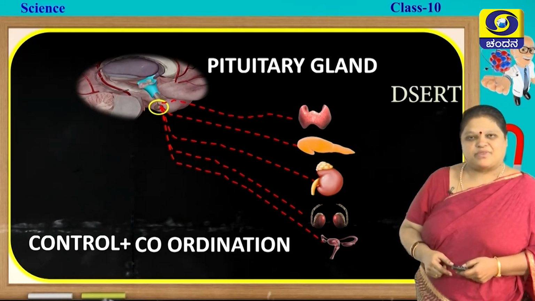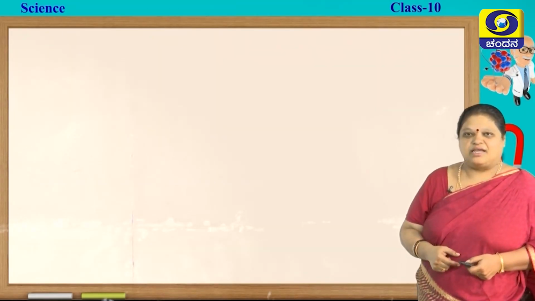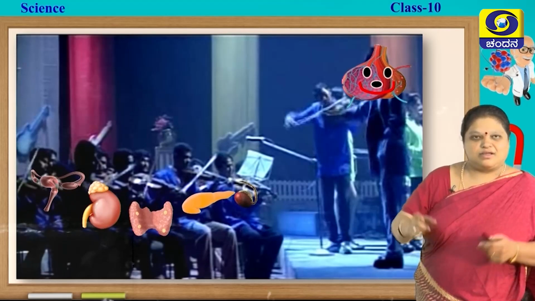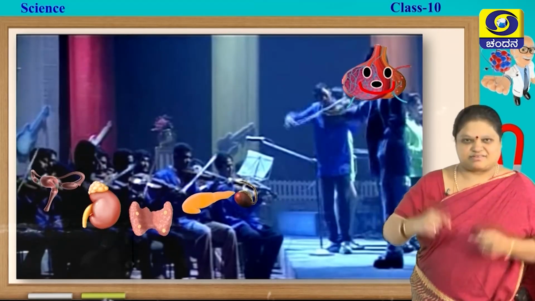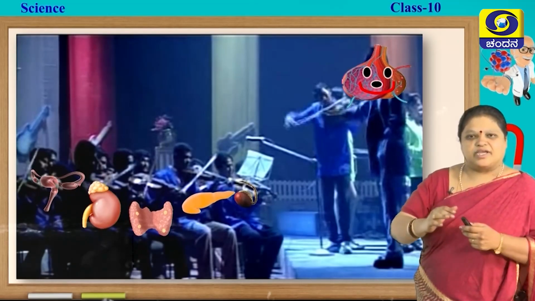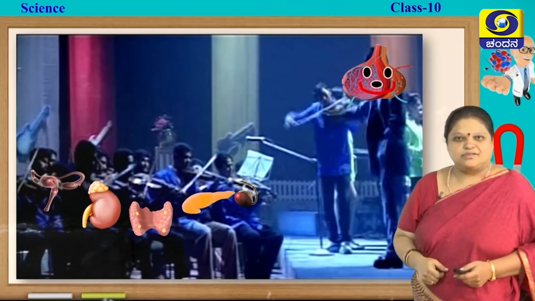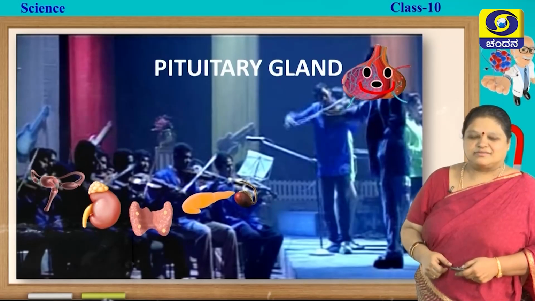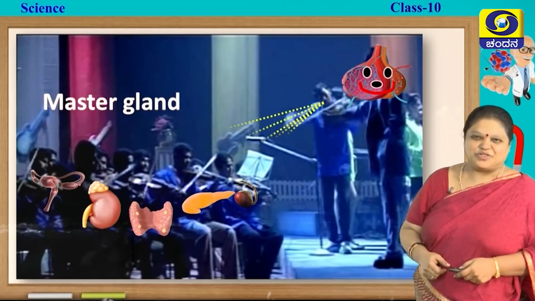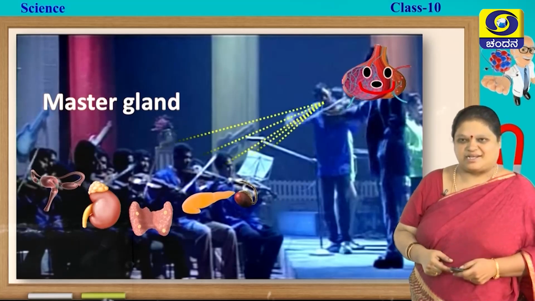That is why the pituitary gland is like a master in music, how he guides the entire orchestra. There may be a guitarist, flutist, drummer, and he will guide everybody by swinging a wand. Like that, you consider the pituitary gland the master gland, do you not think so? It controls all the other glands, so you call it the master gland.